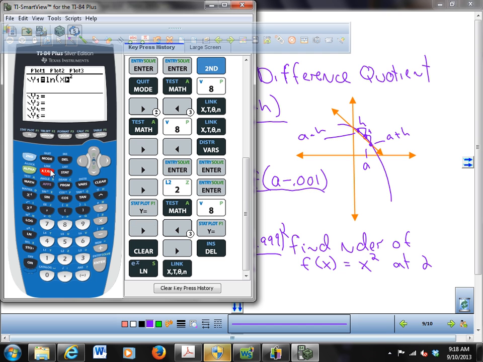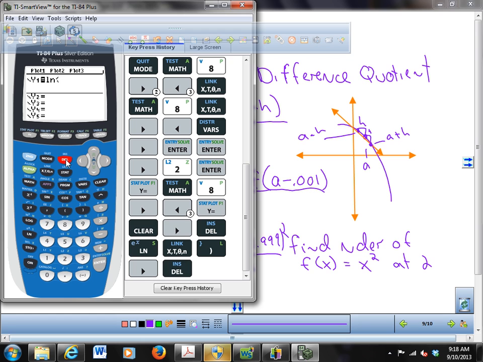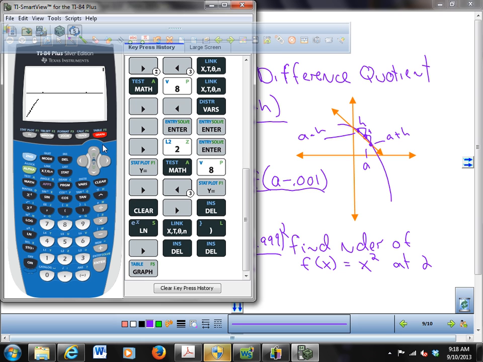I don't want ln of x squared. I could do ln of x squared, but I don't want to do that. And if you remember, ln of x looks like this. So the slope goes up kind of fast at first and then slows down. Okay. Zoom 6. So it looks like that.